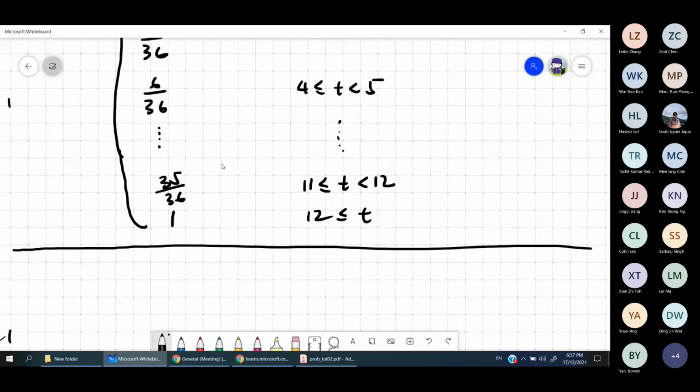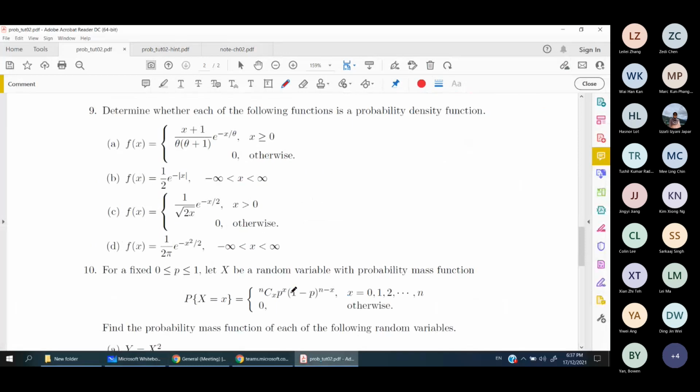Okay, so let's carry on to question 9. Determine whether each of the following functions is a probability density function or not. When we talk about a probability density function, we want to identify whether it represents an absolute continuous distribution.